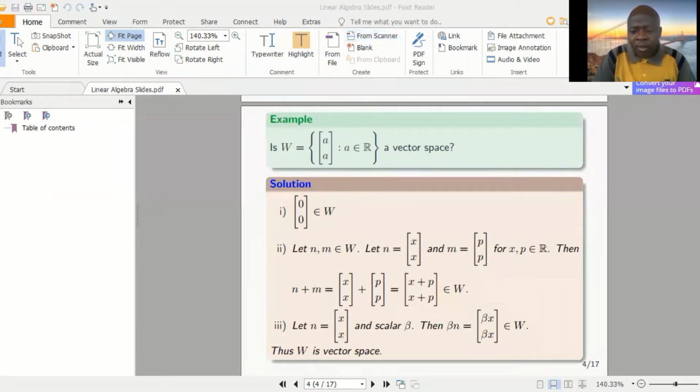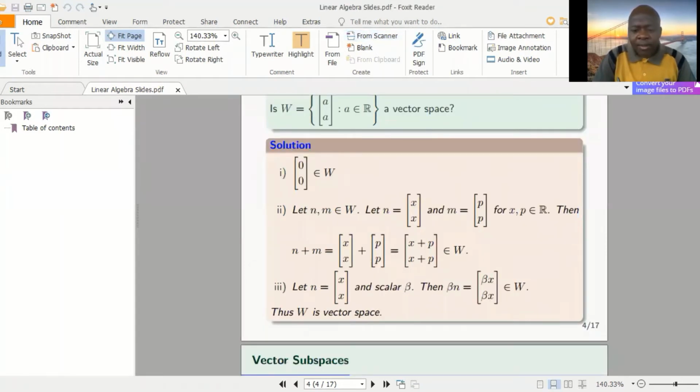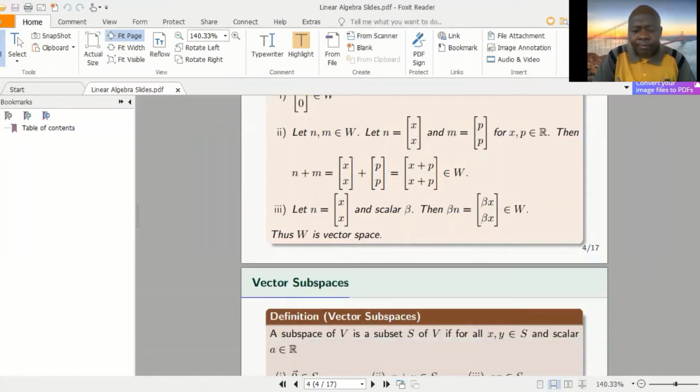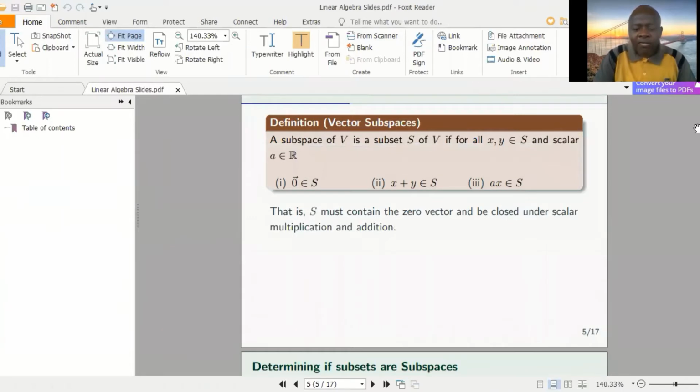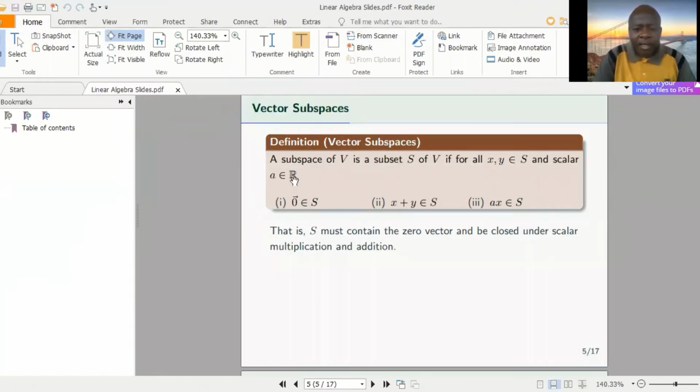Okay, so let's look at subspace. I begin with the definition of a subspace, and I say that a subspace of V, where V is a vector space, is a subset S of V, such that for all x and y in S, the following conditions are satisfied.